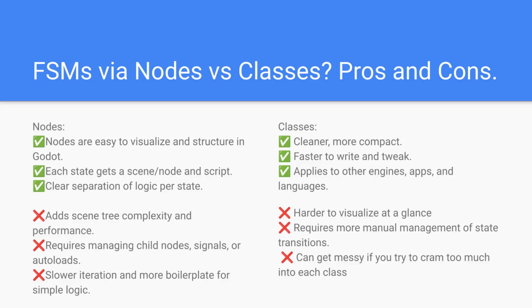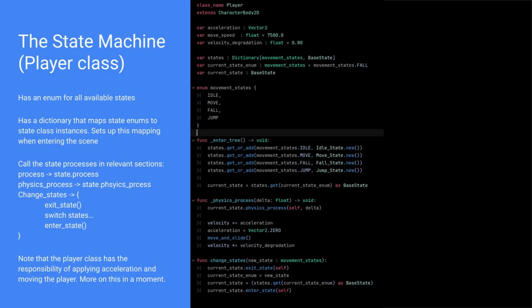Now that we've talked a little bit about the pros and cons, let's take a look at the player class of the state machine. This is kind of the controller for the state machine. We start by defining an enum, which is just a series of named values. I like doing things this way rather than using hard-coded strings. It's more structured.